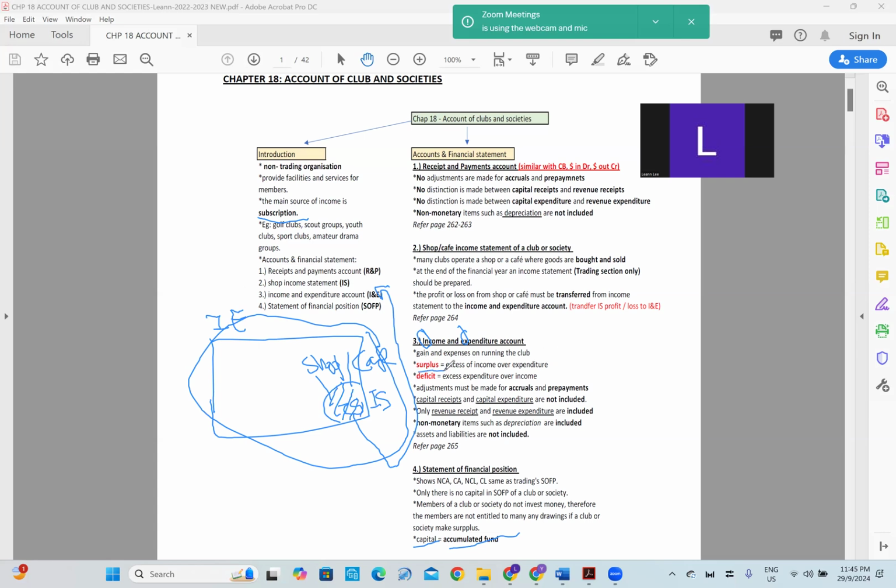We must say surplus for the year. If there are losses for the year, we say deficit for the year. But in the IS, we still use profit and loss for the year. So the I&E and IS must include all the accrual and prepayment adjustments, and also include non-monetary items such as depreciation. And then, wait, I need to erase first.